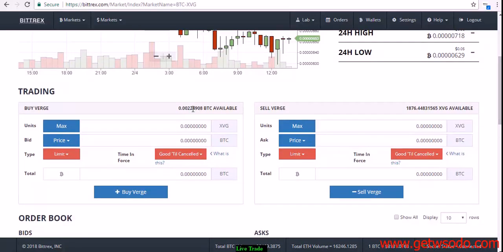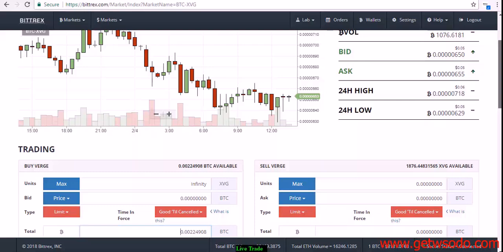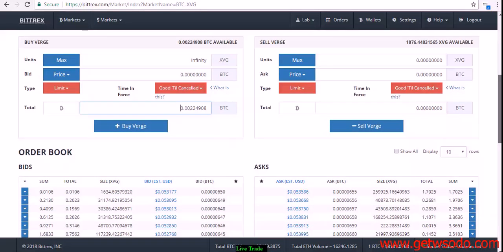But okay, so we have 0.002 Bitcoin available. I can just click that and it'll go right there. Now it's currently at 650, 655. So if I wanted to just make a sale real quick, or excuse me, make a buy real quick, I could just click this right here and then I could click max. Okay, so what I'm saying is I agree to pay what this top person is asking.